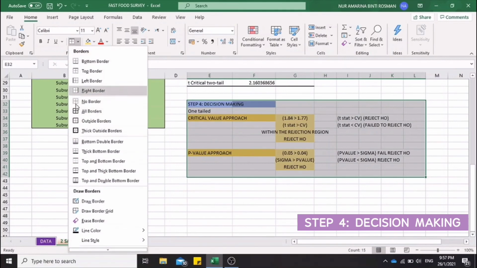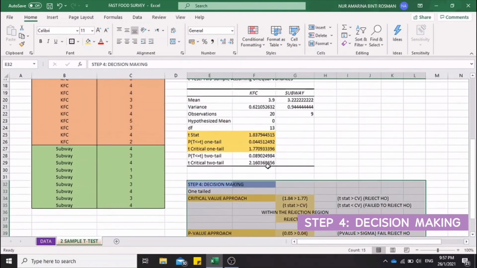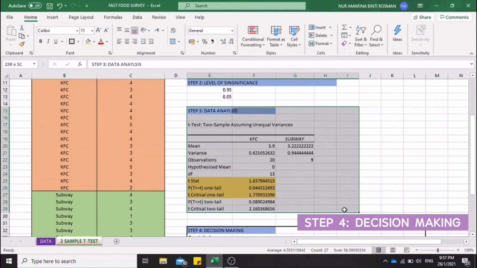Oh, I would like to add some border because it's more proper.